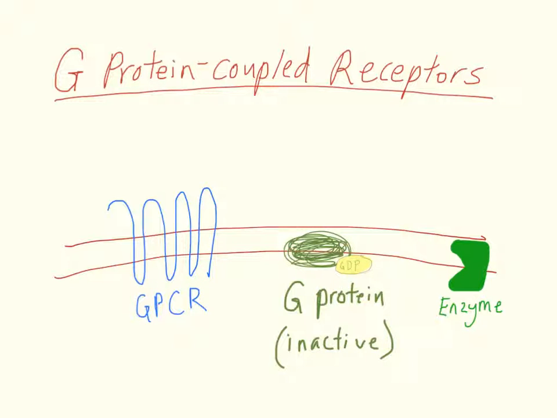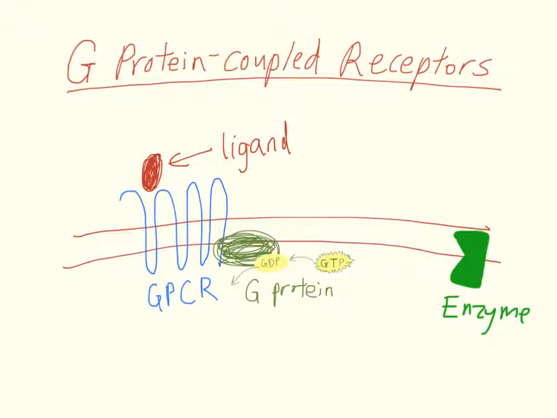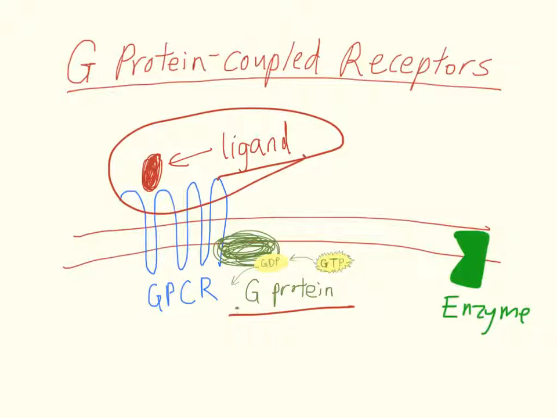Now let's look at how a G protein-coupled receptor would actually work. Here we have everything in the rest state. The G protein is inactive, and you can see this because it has GDP bound to it, not GTP. When the ligand comes in and binds to the G protein-coupled receptor, the G protein is also able to bind. When this happens, GTP comes in and displaces GDP.